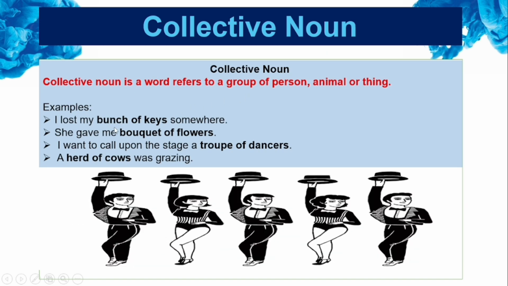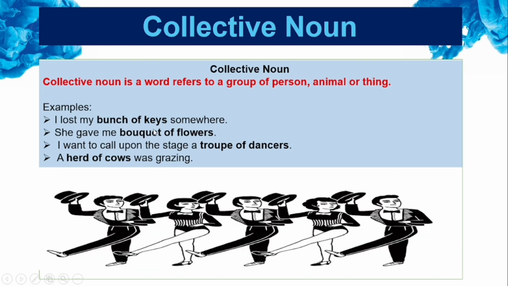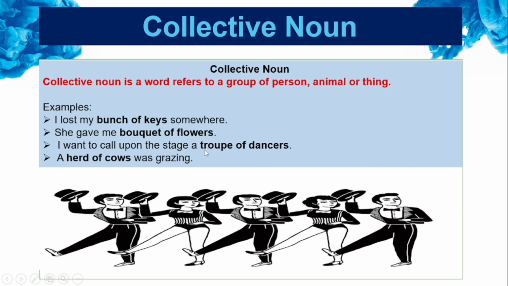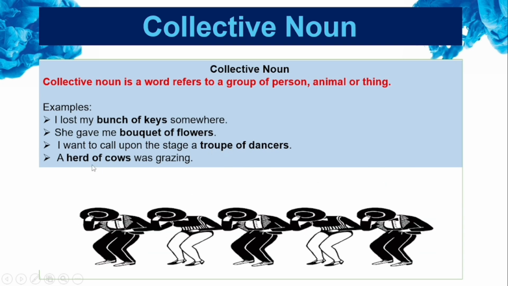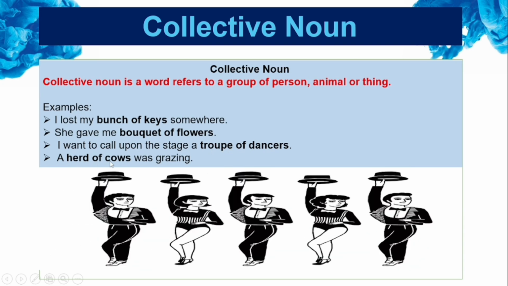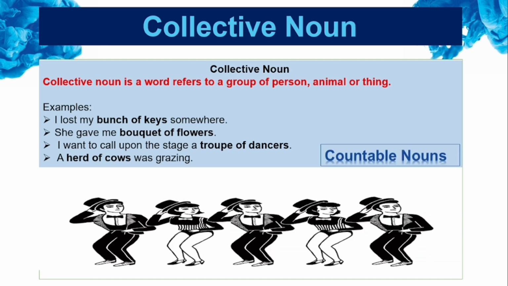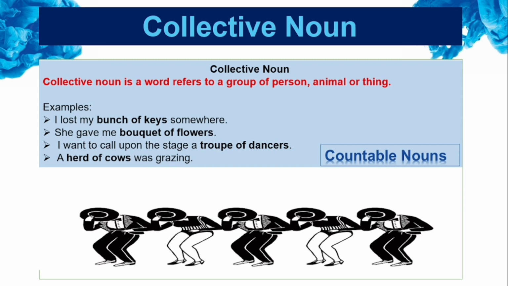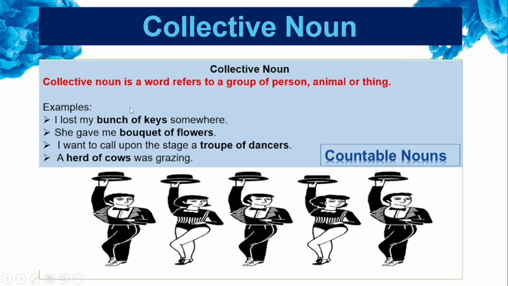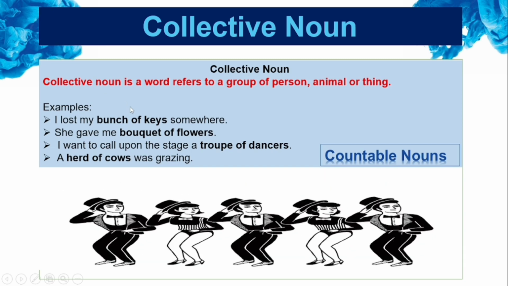So I hope it is clear that a collective noun here refers to a collection of things. Here it refers to a group of persons, and here it refers again to a group of animals. Now whether it is countable or uncountable, of course it is countable. Like bunch, if you have two bunches of keys, separate bunches, you can count them, right?